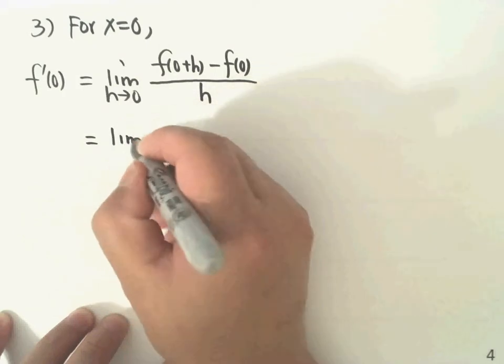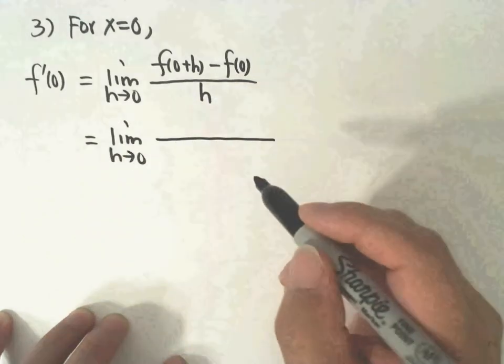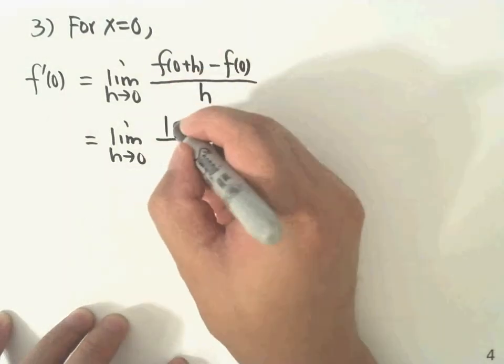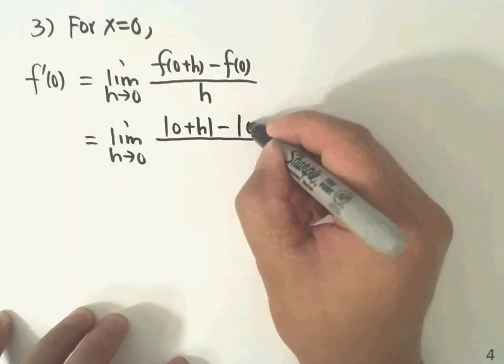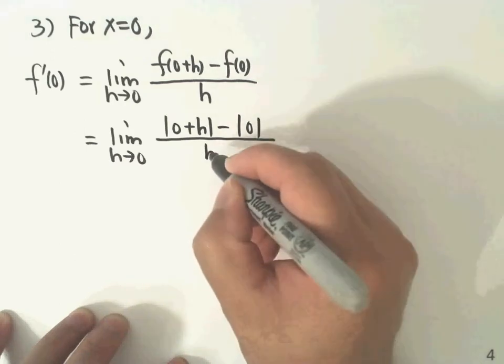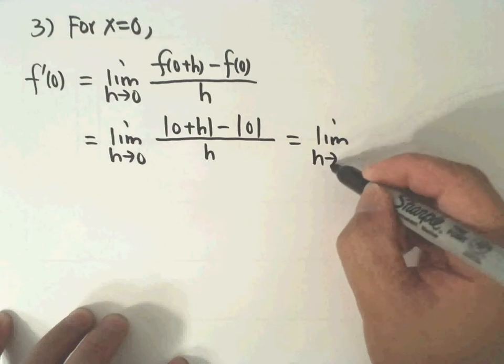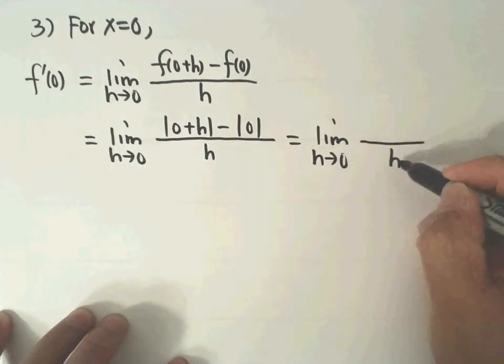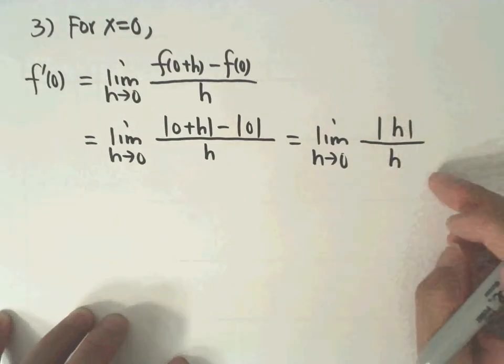We put the function in. See what we find. So here is absolute value of 0 plus h minus absolute value of 0, over h. What do we get? The bottom is h, the top is the absolute value of h.